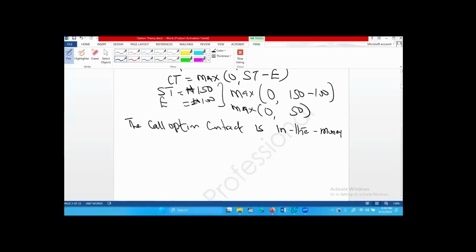He's going to buy at 100 naira because he has obtained a right to buy at 100 naira. He can now sell at 150 because at the stock market the shares are trading for 150. By doing this, the option holder will make a profit of 50 naira.